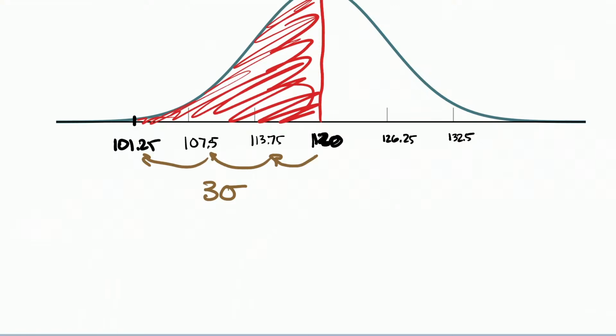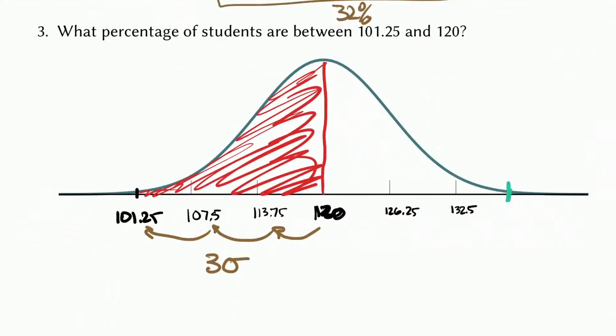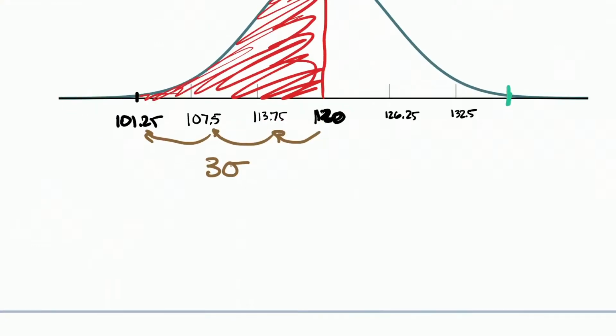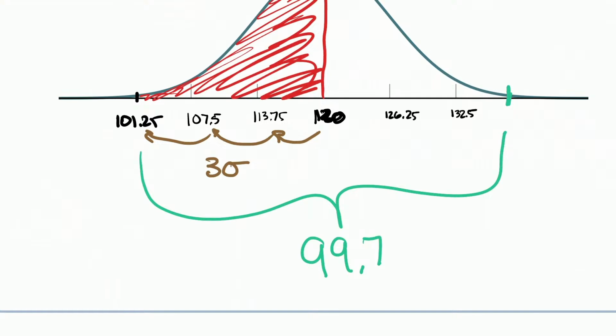So what we're going to do is take the whole thing. If we go 3 standard deviations on both sides, this whole thing, how am I going to do this? There is 99.7% going all the way both directions, but we only have the half that's down here.